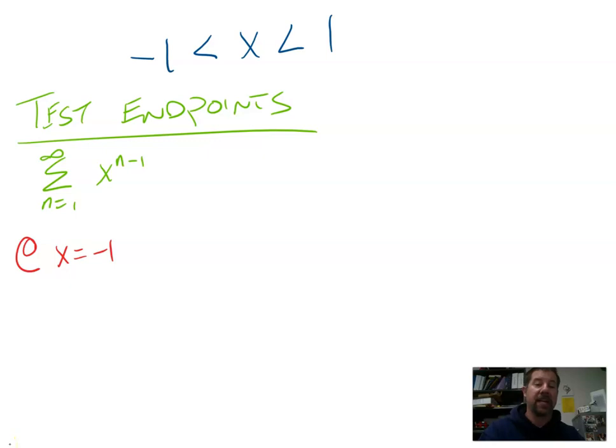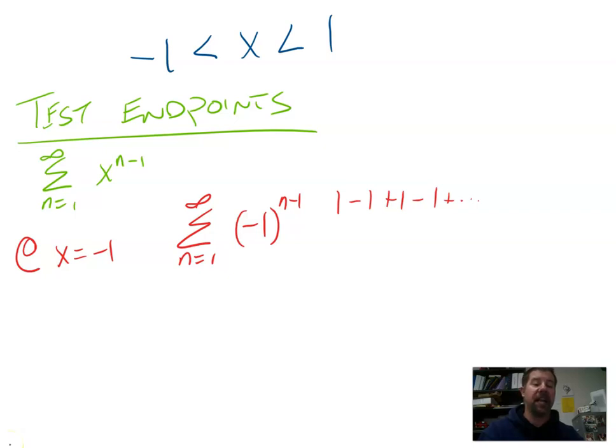So first we're going to plug -1 again into our series. And now this is going to diverge because it fails the nth term test for convergence. As I look at the limit as n goes to infinity, that's not going to go to 0. The series here would look something like 1 minus 1 plus 1 minus 1.